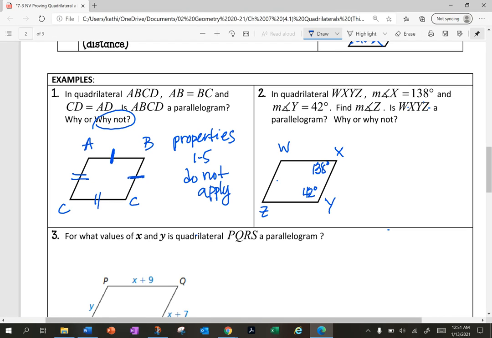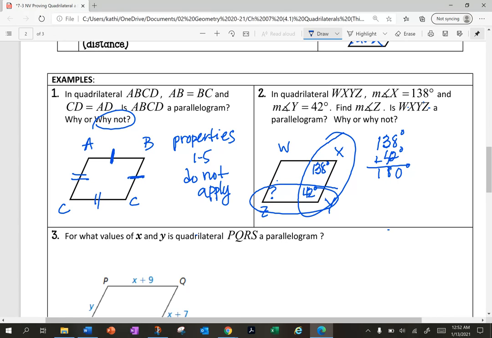Find the measure of angle Z. Here's angle Z. I'm going to use the fact that 138 degrees plus 42 degrees, when I add these two together, I get 180 degrees.